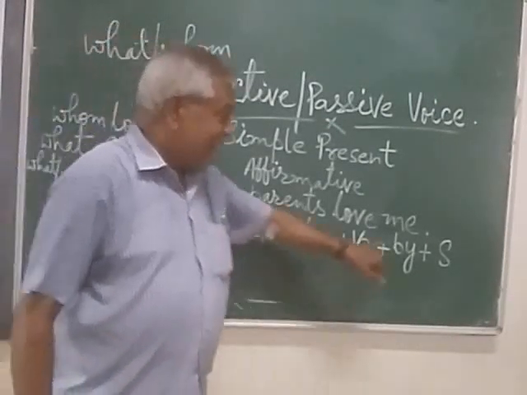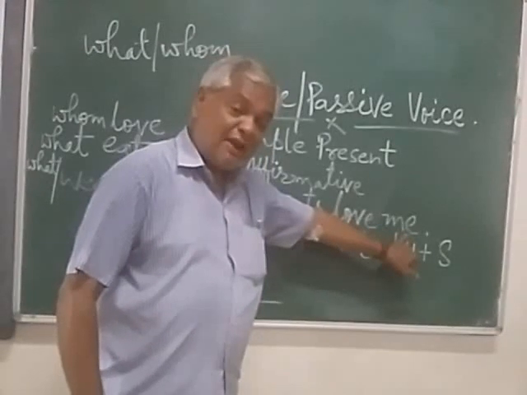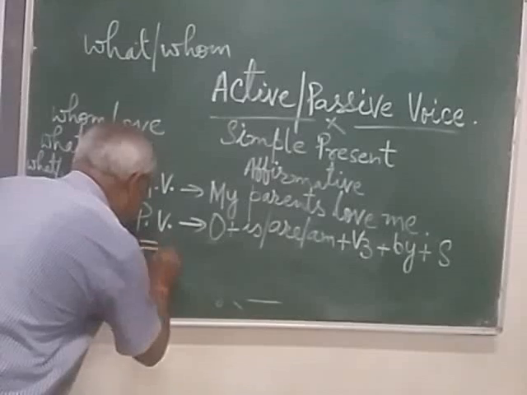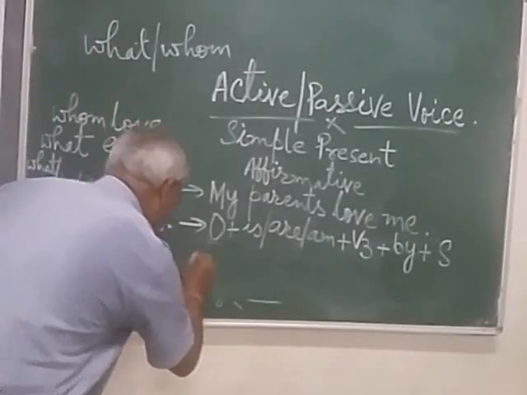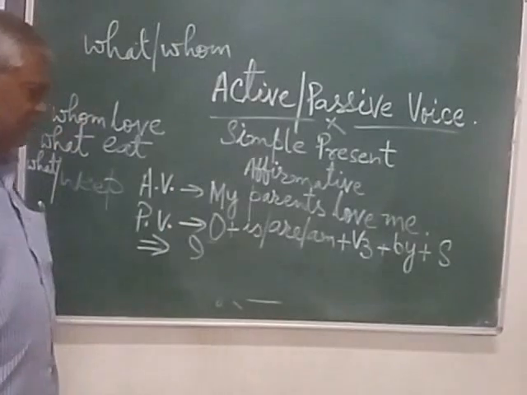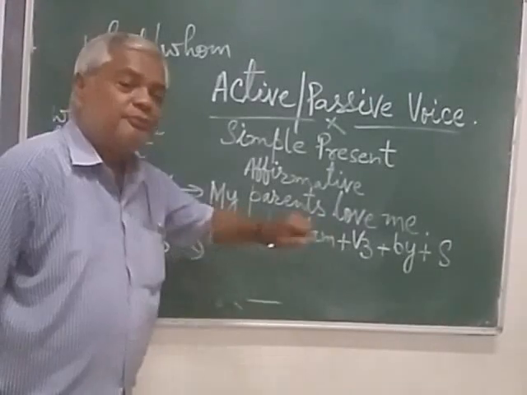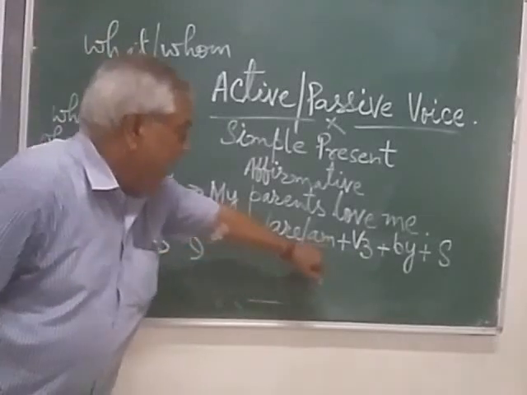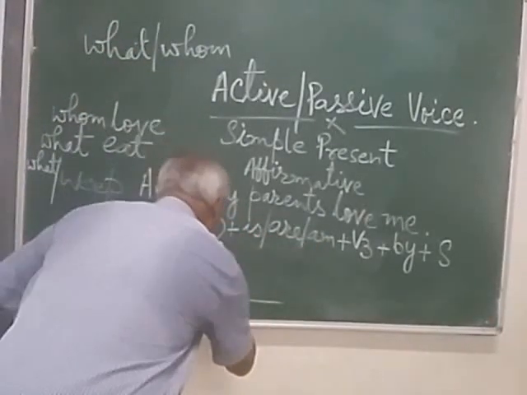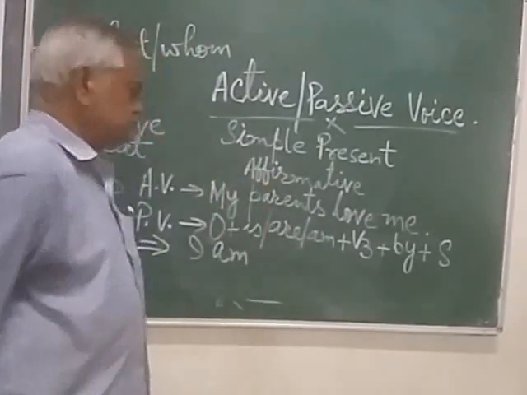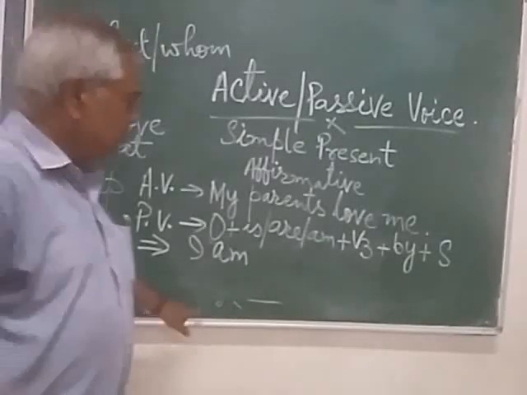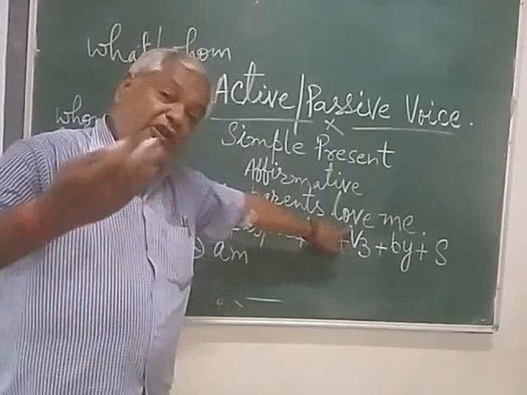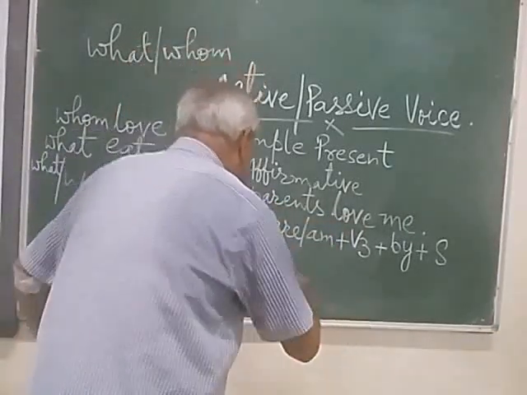So what did I say? If "me" is given, we change it to I. So the object is I. Then comes is/am/are; for this, along with I, "am" is used. Then V3: this is V1, which you have to change into V3, that is loved.